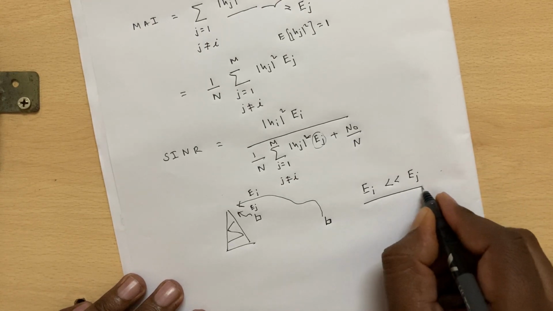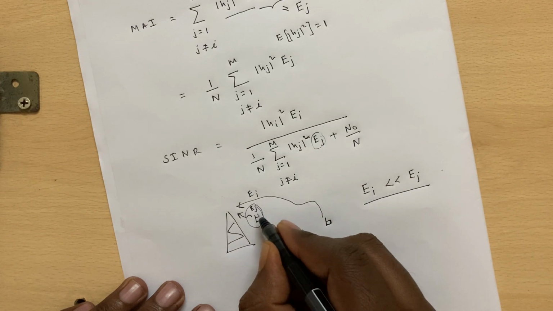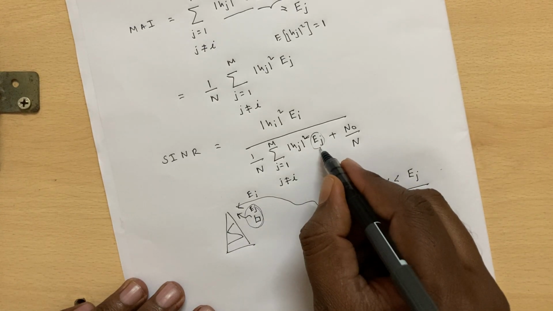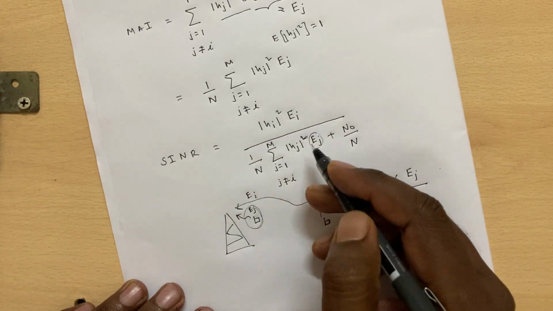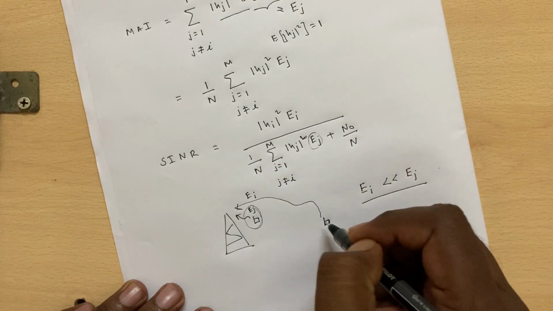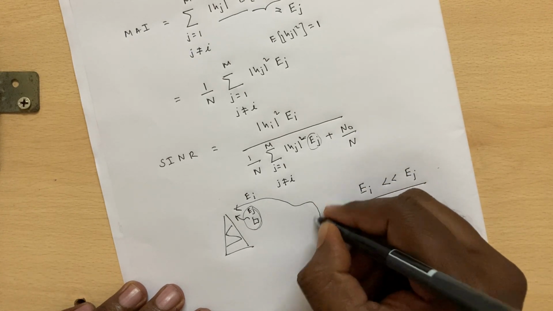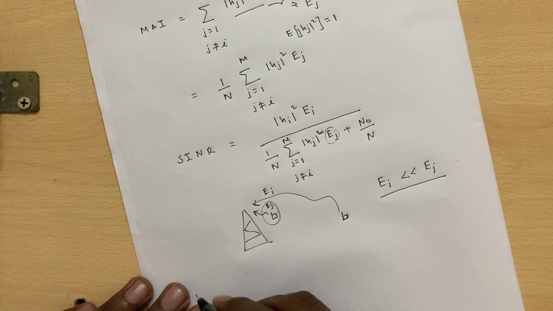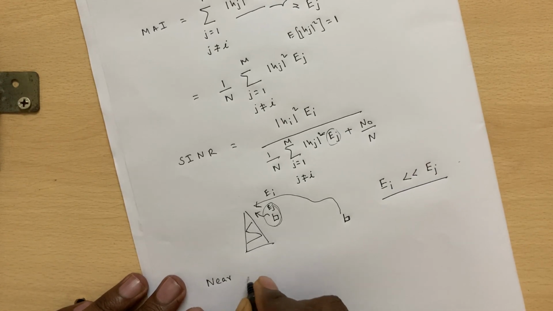So in such cases, these powers will be in the denominator of this equation. That will greatly reduce the SNR for the users who are far away from the base station. This phenomenon is called the near far effect.